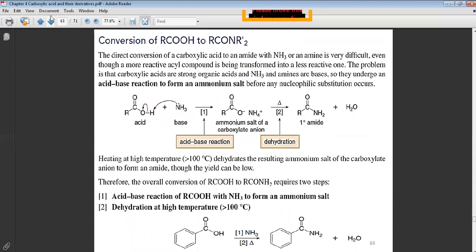Now, conversion of the carboxylic acid to the amide. The direct conversion of the carboxylic acid to an amide with NH3 or an amine is very difficult.